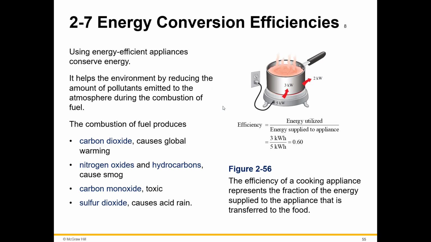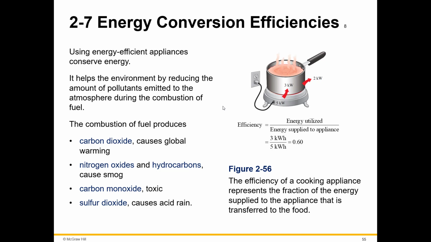Okay, and then here's some more about efficiency, just with different units. Efficiency here is equal to energy utilized over energy supplied to an appliance. Using energy efficient appliances conserves energy, of course, because it's energy efficient. It helps the environment by reducing the amount of pollutants emitted to the atmosphere during the combustion of the fuel.